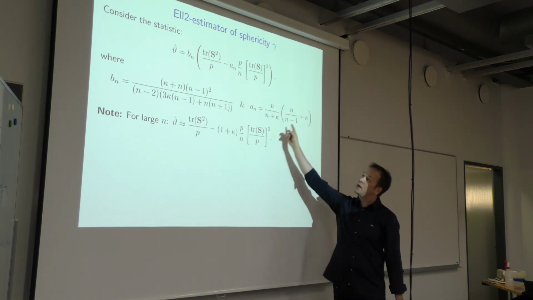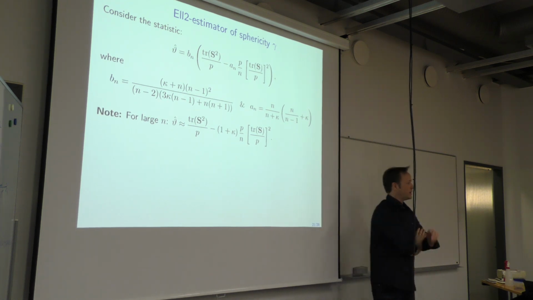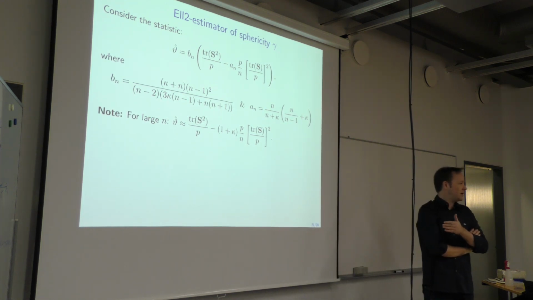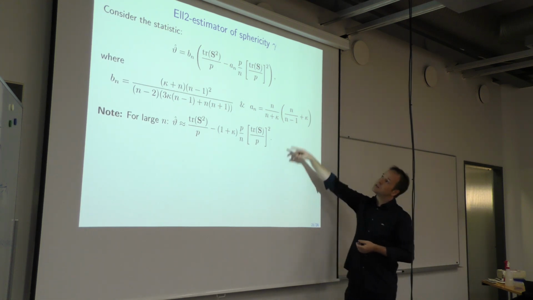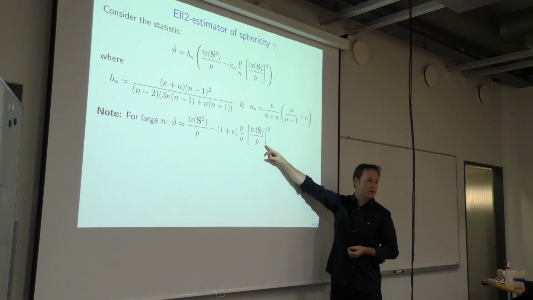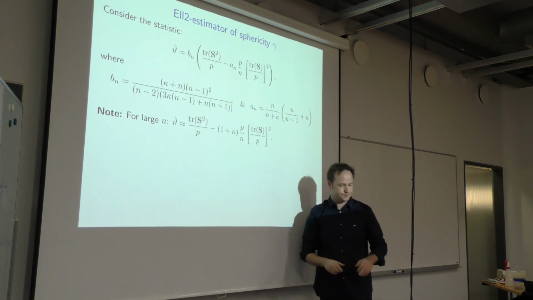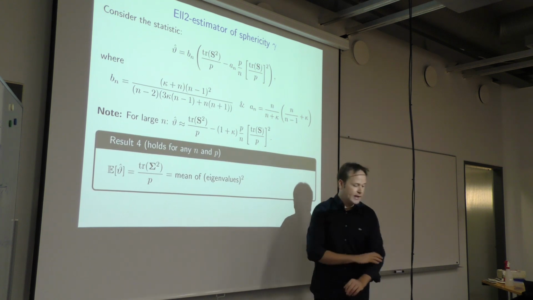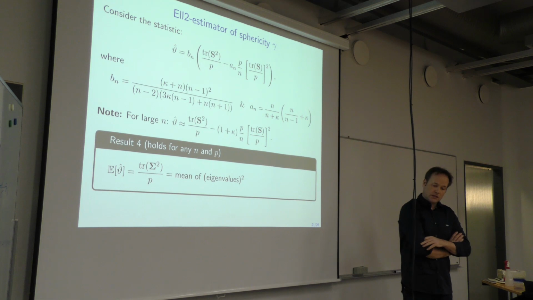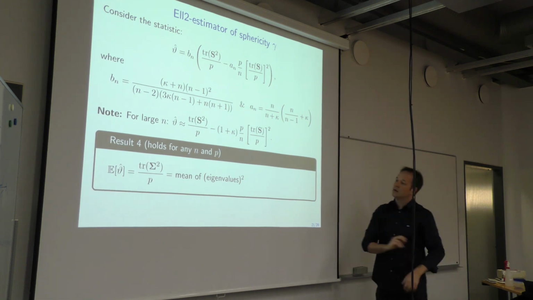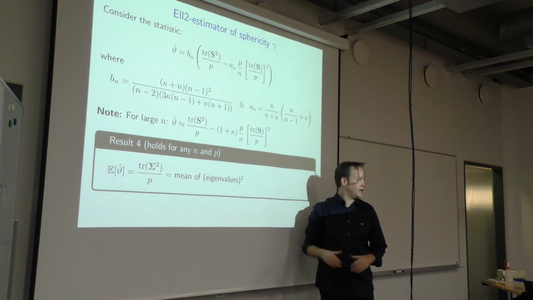And there are some factors here. The important thing is that if you have a large sample length, n is large, then the statistic is basically equal to this, because these factors are equal to 1. And why are we interested in this? Because this is an unbiased estimator of the mean of the squared eigenvalues.